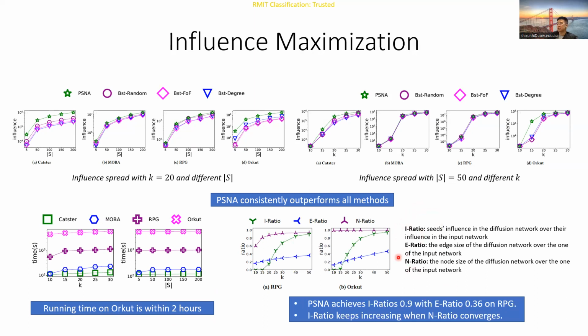Here I ratio, E ratio, and N ratio refer to the seeds' influence, the edge size, and the node size of the diffusion networks, as opposed to the counterparts in the input networks. And the result shows that our method is able to identify important edges and nodes for spreading the influence.